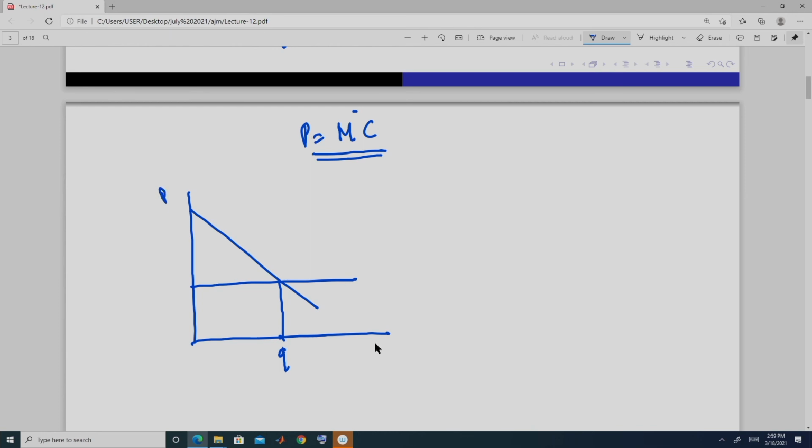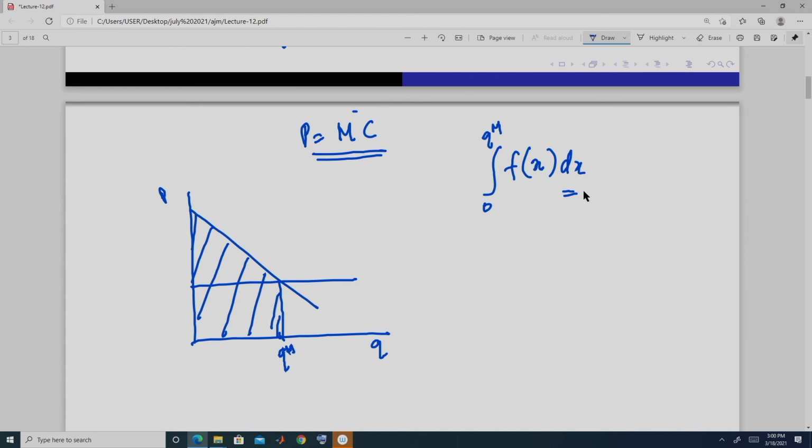So, the output is this, and at the same time this condition is also being satisfied. So, here this is the output the monopolist is producing, but now suppose the monopolist is not under any regulation and it can discriminate the price. So, it will charge the whole area under the demand curve as the price, from 0 to Qm.